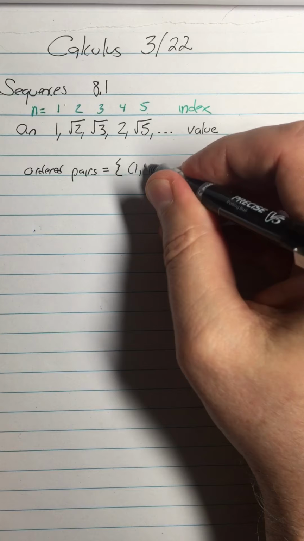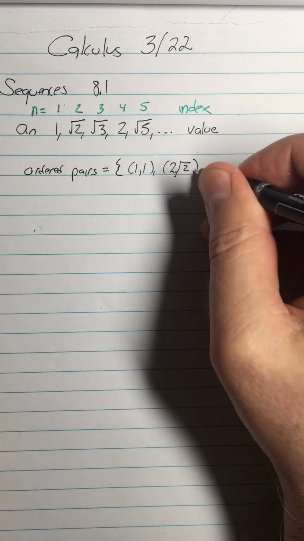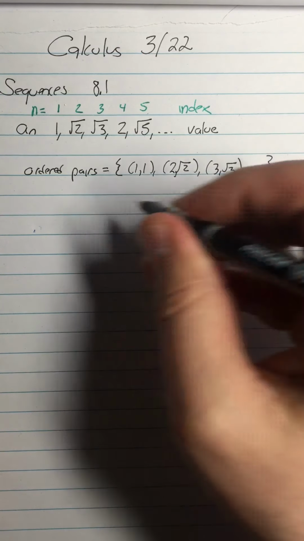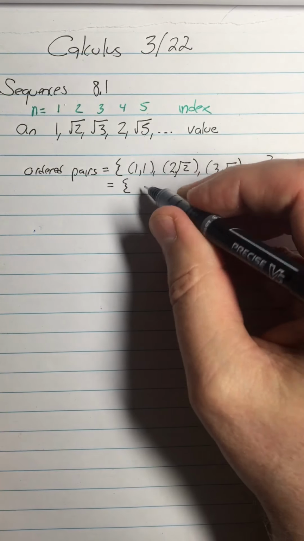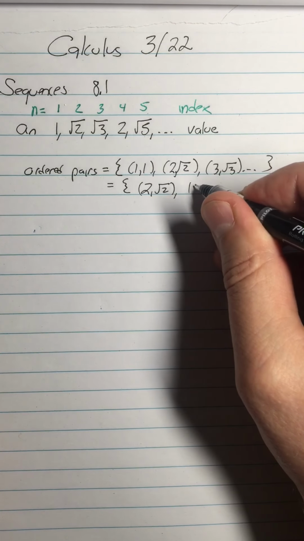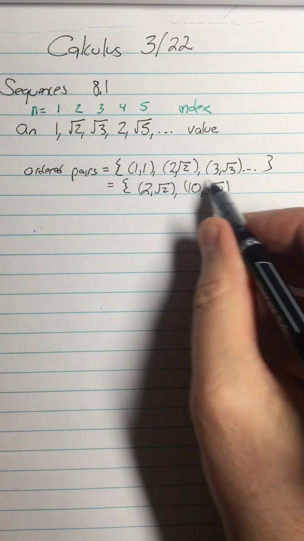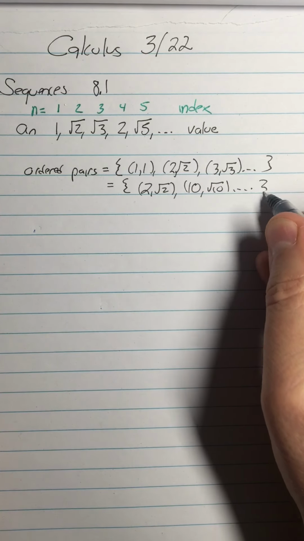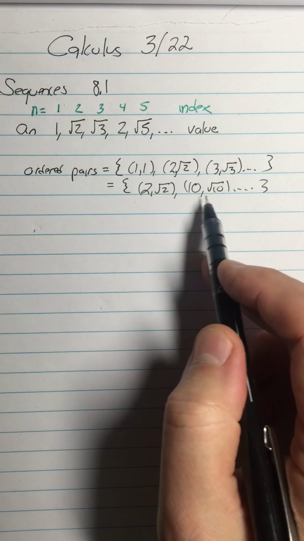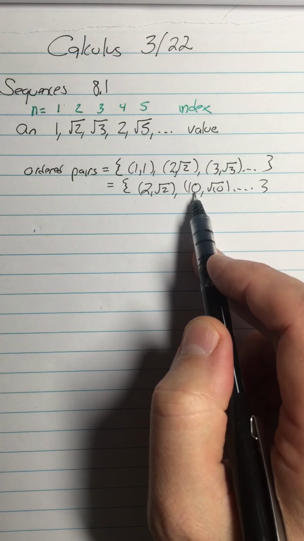So you have the ordered pairs, for example, (1, 1), (2, square root 2), (3, square root 3), etc. But you could rearrange them order-wise. So you could put the (2, square root 2), and then you could put (10, square root 10). You can put them in any order because this is a set. This is a sequence. So in a set, the order doesn't matter, but in the sequence, we can preserve the order by associating each number with another natural number.